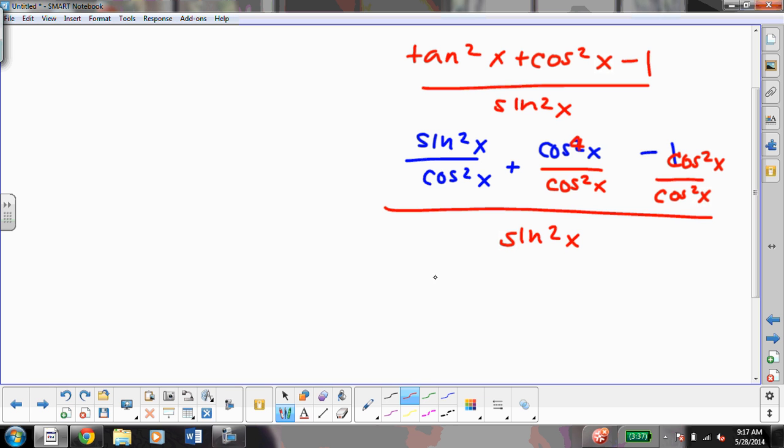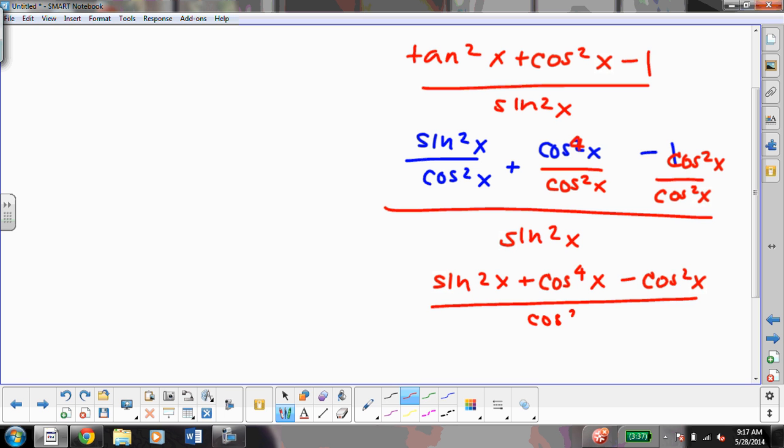So then when I combine them together, I have the sine squared x plus the cosine to the 4th x minus cosine squared x all over cosine squared x, all over the sine squared x.